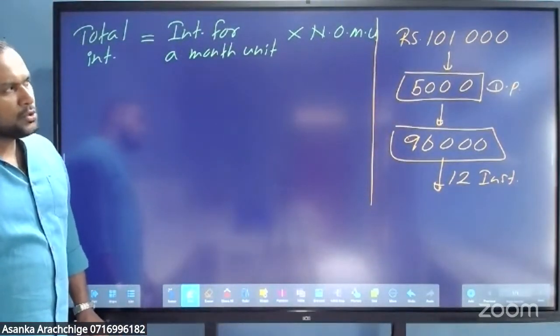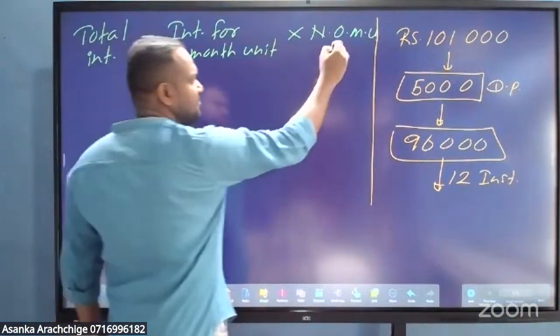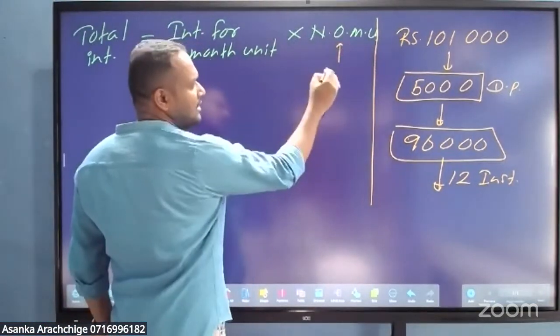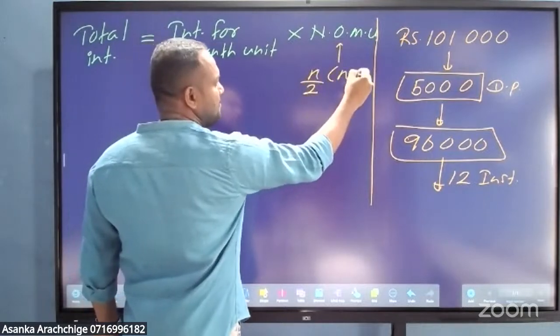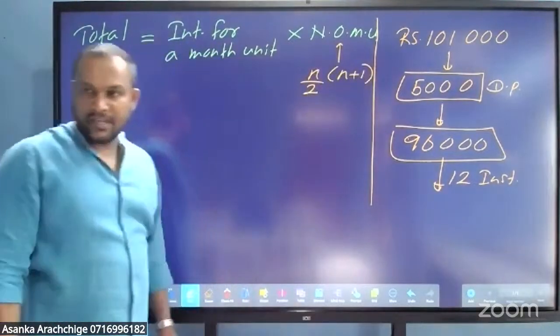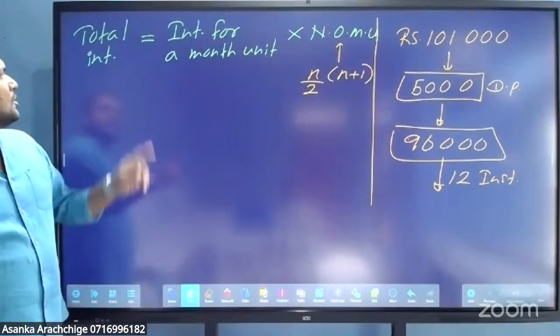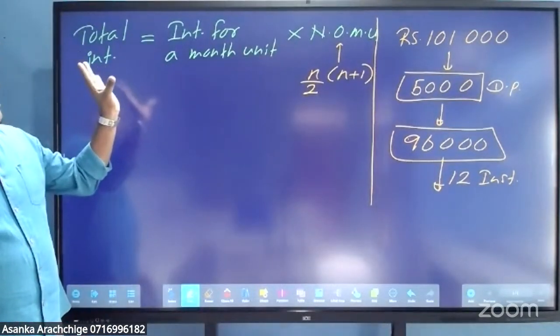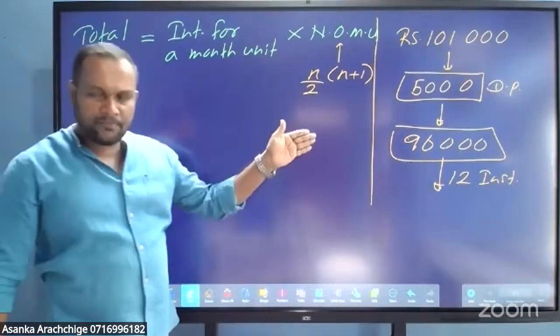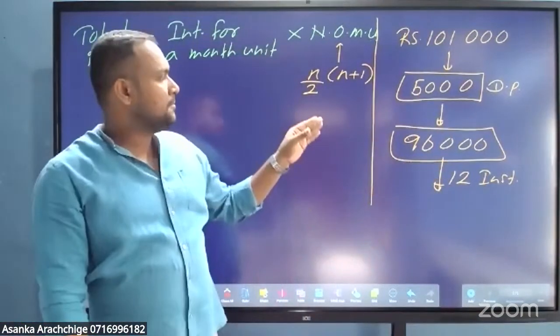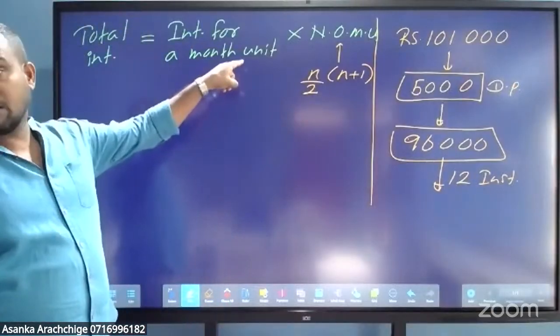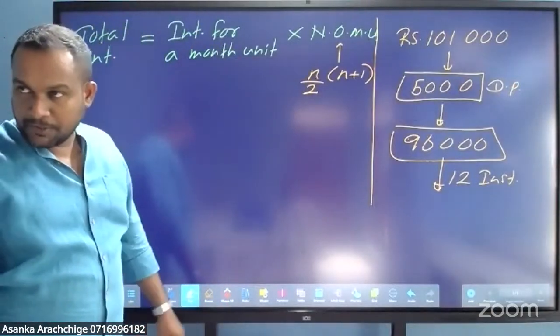Number of month units can be obtained by this formula, that is n upon 2 times n plus 1. So now we have to find the annual rate of interest, we have to find the interest for a month, or interest for a month unit.